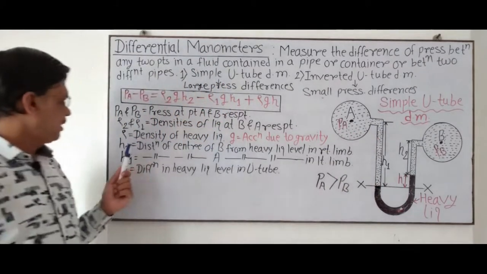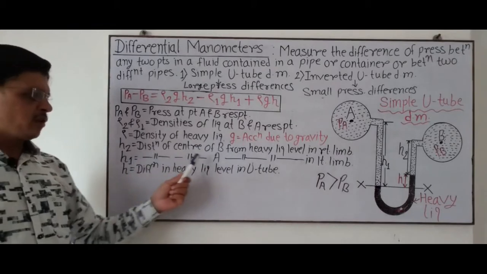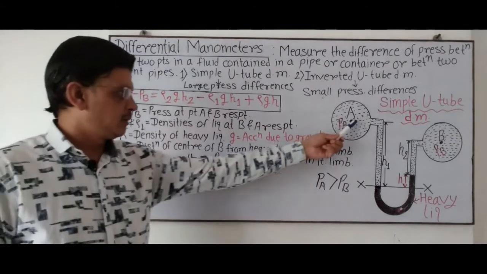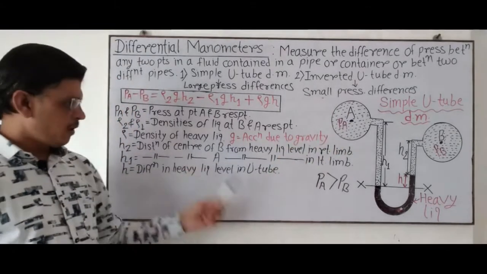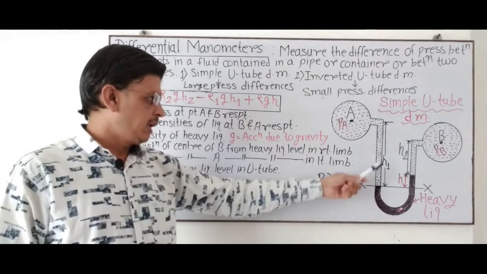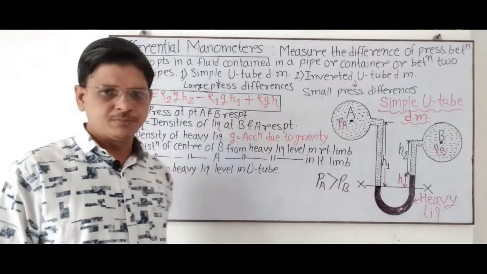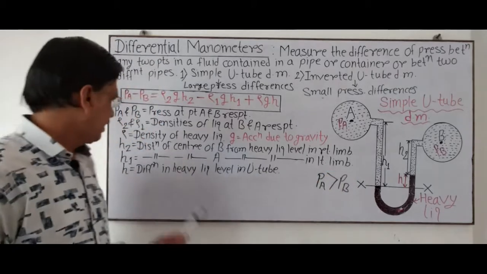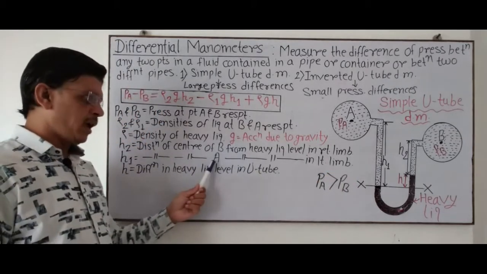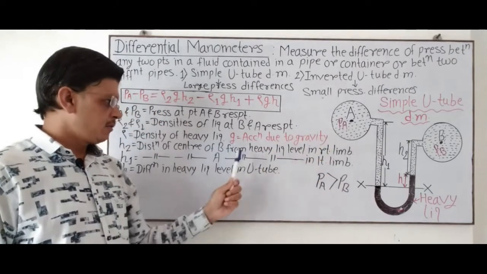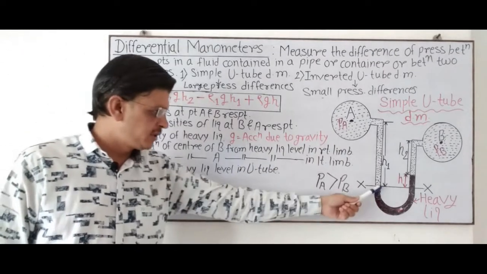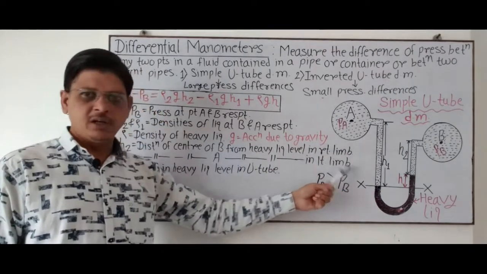H1. So H1 is the distance of center of A, means point A, from heavy liquid level, means this level in the left limb.